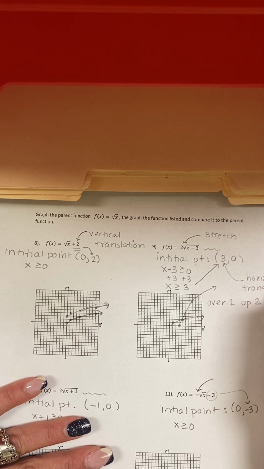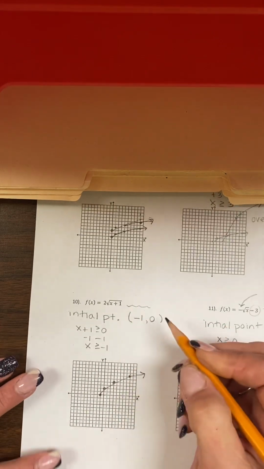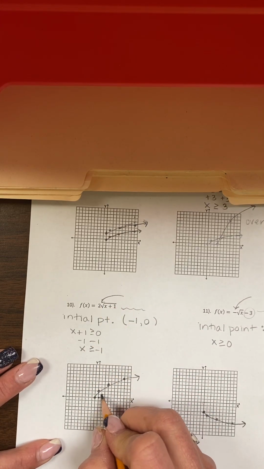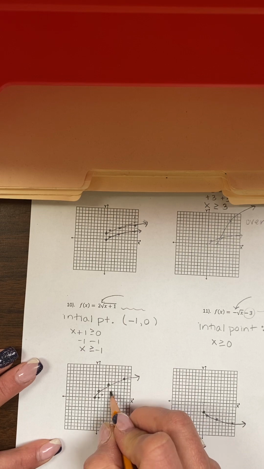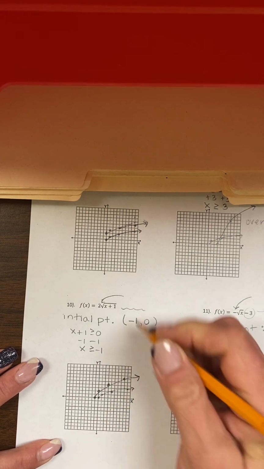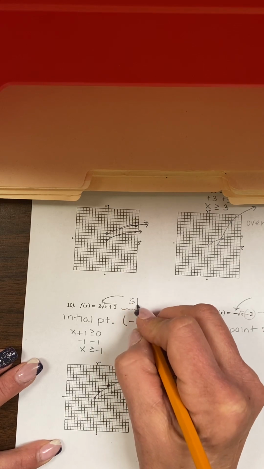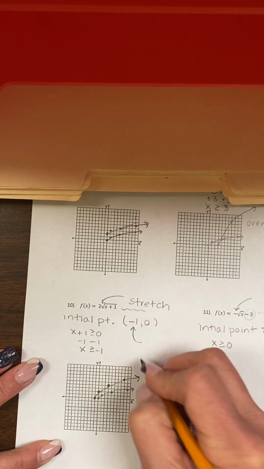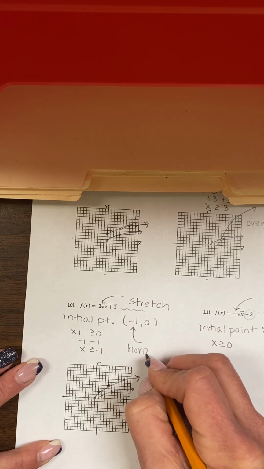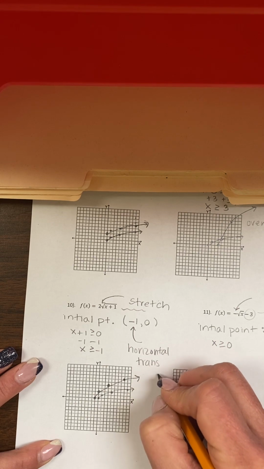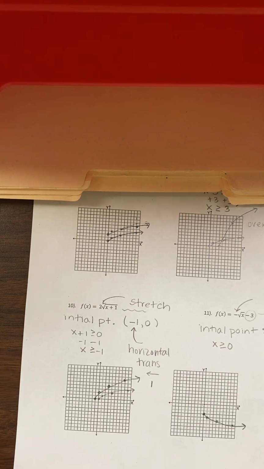right 3. Okay, now this one right here, the transformations from the parent function, which is 0, 0, 1, 1, 4, 2, and 9, 3, it has a stretch. That's one thing it has. And remember, you went to the left one, so that's a horizontal translation, left 1.